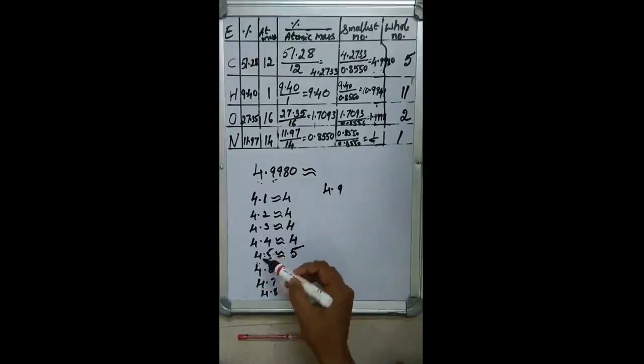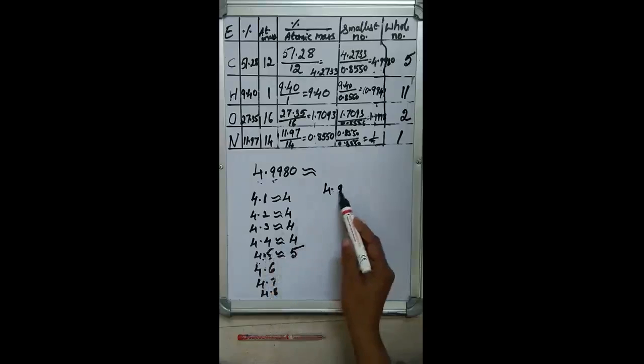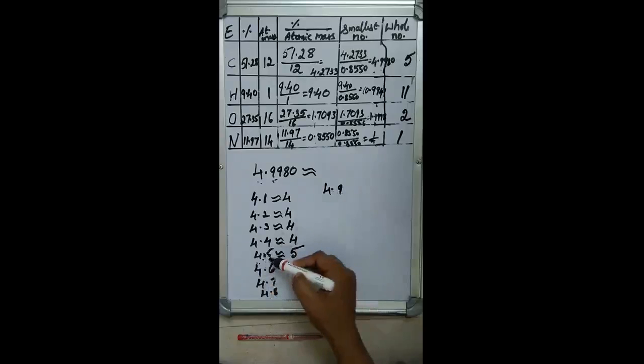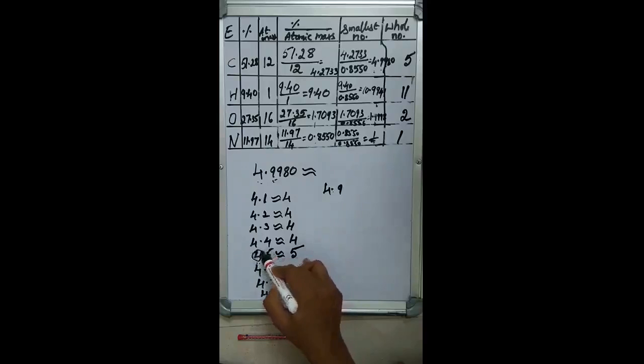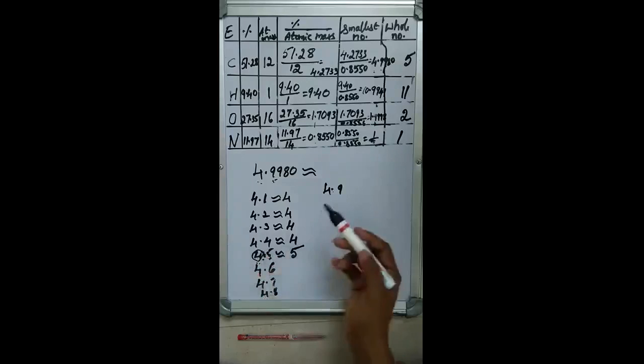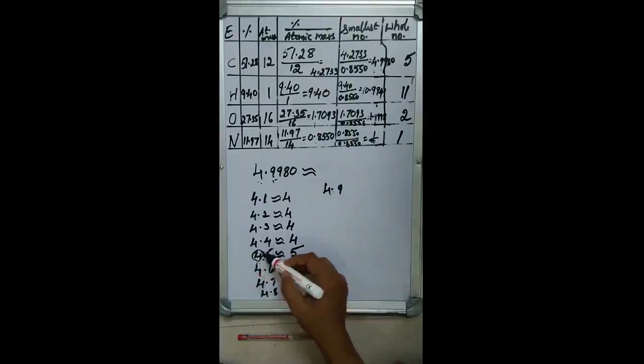Okay, I will repeat. If the decimal point contains 0.5 up to 0.9, then this number is converted into the next round figure. So what is the next round figure of 4? It is 5. So here also the same thing, 4.6 is considered as a 5. Okay, 4.7 is also considered as a 5. 4.8 is also considered as a 5.